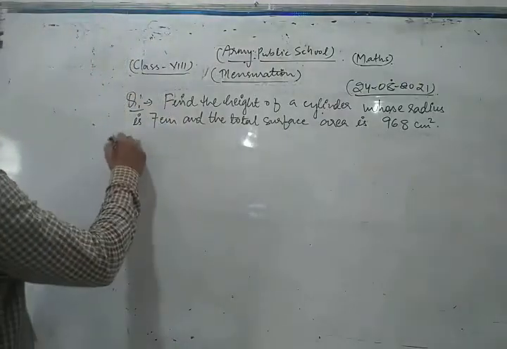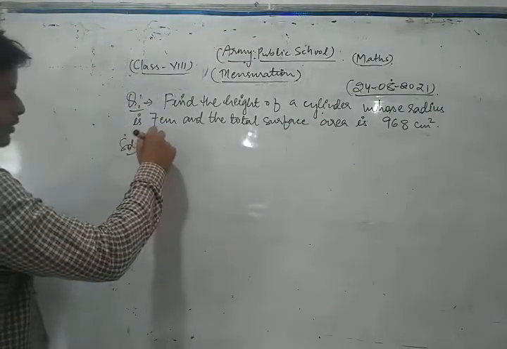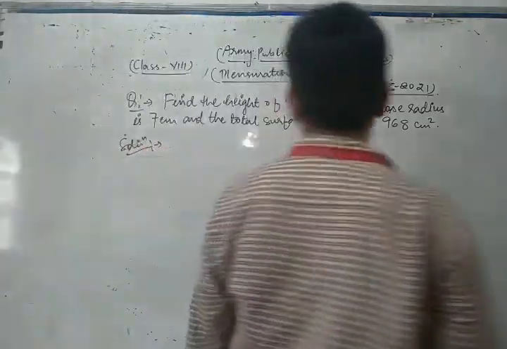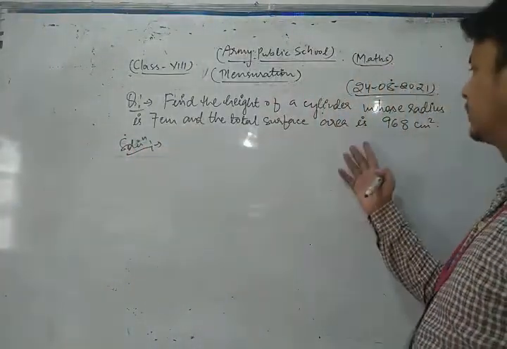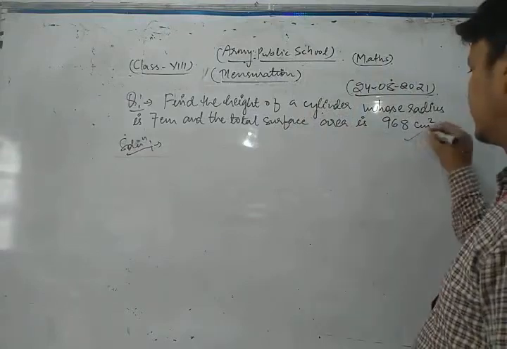Now let's see its solution. What is the process to solve that type of question? Here, we have to find the height of the cylinder whose radius and total surface area are given.